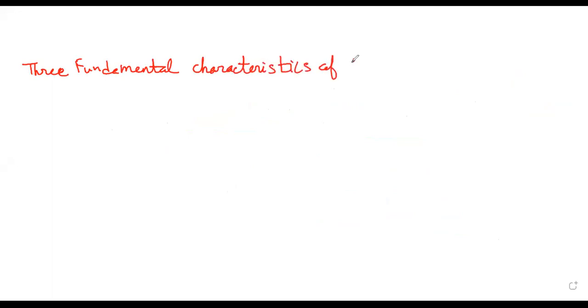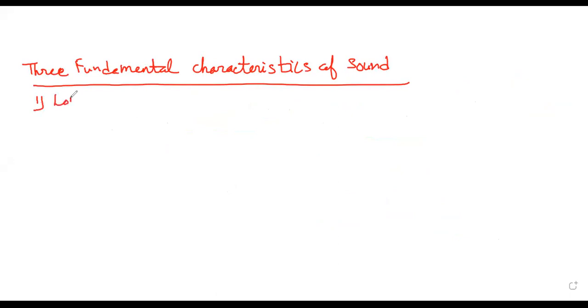First is loudness. We are very familiar with that fundamental characteristic, loudness. As normally, the teacher always says in the class, don't make noise, right? So loudness is a characteristic of sound by which a loud sound can be distinguished from a soft sound. We can compare a loud sound with a soft sound.